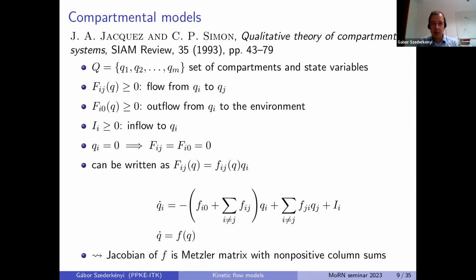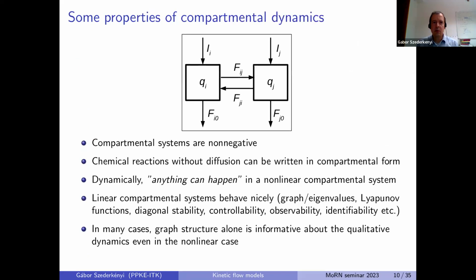Okay, after the kinetic models, a few words about compartmental models. These models are used to represent flow of objects, mass, molecules, vehicles, people from one compartment to the other. In this figure, we have two compartments, flows between the compartments, and also flows from and to the environment. So this will be the notation.